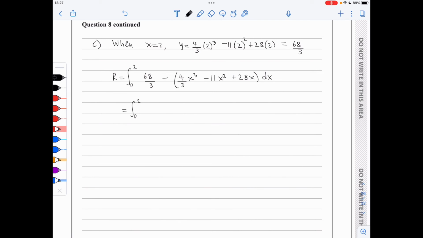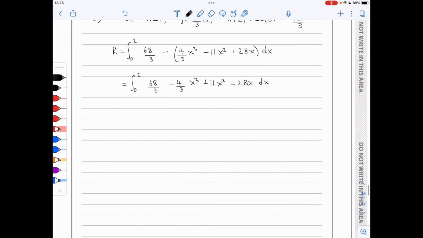So I will simplify this. It's going to give me 68/3 minus 4 over 3 x cubed plus 11x squared minus 28x dx. I will increase the power by 1, divide by the new power, so 68 over 3 x minus 4x to the power of 4 over 12 plus 11x cubed over 3 minus 28x squared over 2 from 0 up to 2.